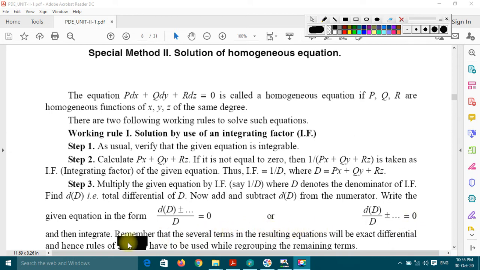Then we integrate it, and we get the required solution of the given exact differential equation.